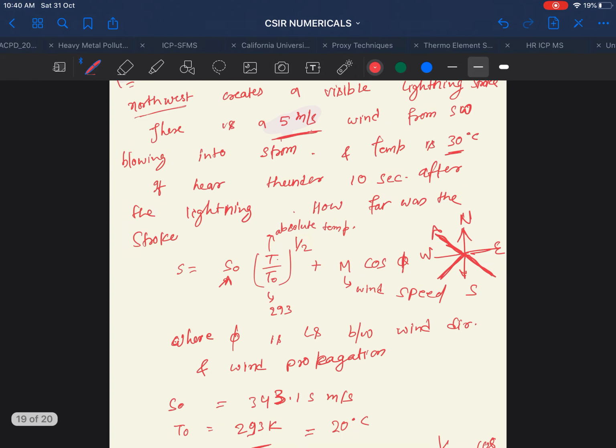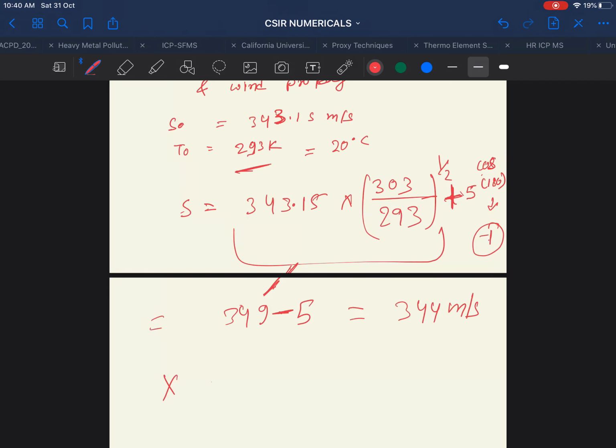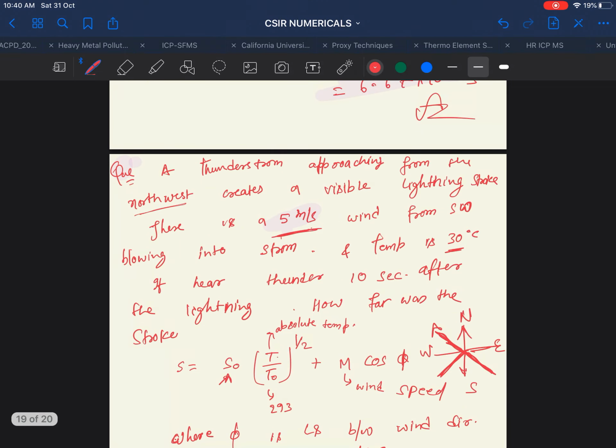Now we have to find how far the stroke was, right? So how far was the stroke, meaning we have to find the distance. Distance is equal to speed into time. So speed we have 344 meter per second, and in the question 10 seconds is given, right?